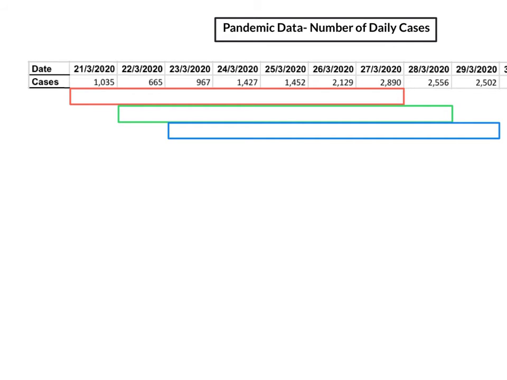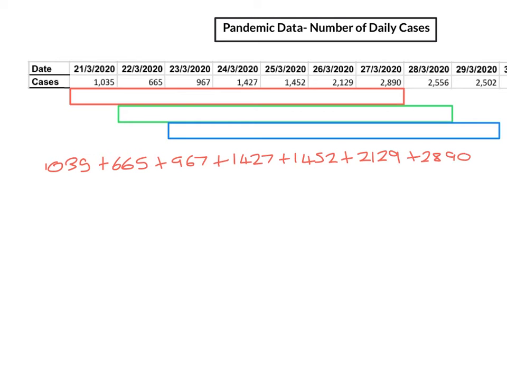Okay, so the first 7-point moving average is going to be these numbers added together. Remember, we're finding the mean. So you add these together and then divide by how many there are. So that would be 1035 plus 665 plus 967 plus 1427 plus 1452 plus 2129 plus 2890.